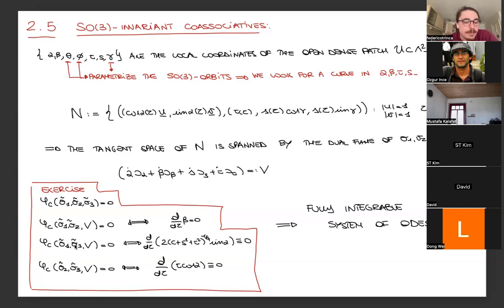And if you do the same with sigma 1, sigma 3, and V, then you get the second term to be constant, and the last one tells you that the third term needs to be constant. So from the point of view of a system of ODEs, we found three first integrals of your system, and so this is a fully integrable system of ODEs.